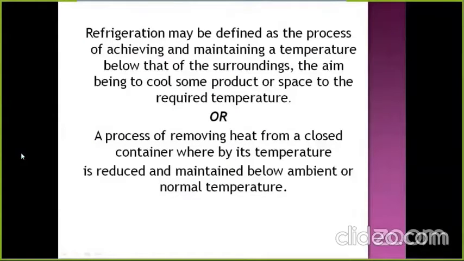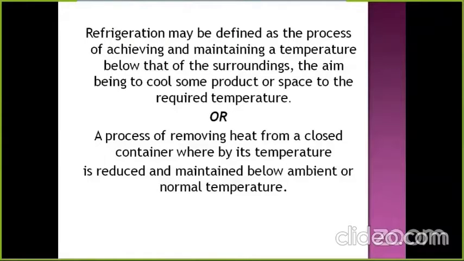So what is refrigeration? Generally, we can define it as a process where we achieve a particular temperature and maintain it below that of the surroundings. That means we need to cool some product or space to a particular temperature.